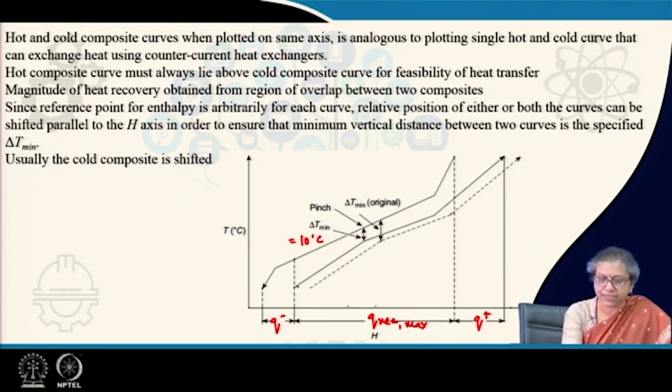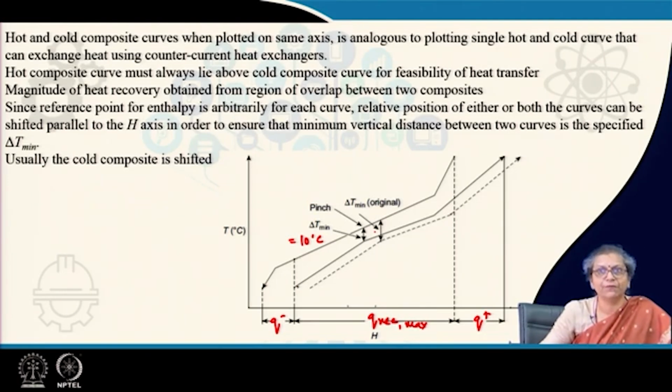Once this has been set up and we know at what particular temperature this delta T min is honored, what is the next thing that we have to do? We have fixed up everything, and so now we need to take the individual streams and start matching them and find out what is the amount of heat exchange that we can have, what is the number of heat exchangers that we need, and what is the area of heat exchanger that we need.